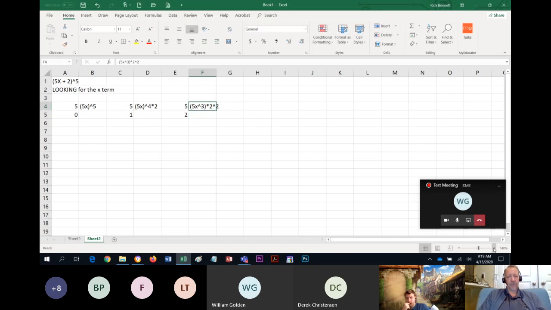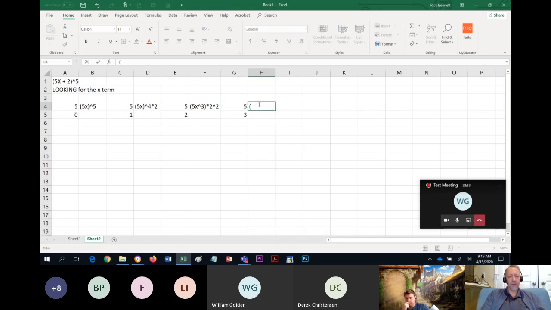Yeah, that's right. And then we're going to go 5, 3. I should make that bigger so I can see it. 5, 3, we're looking at 5x squared times 2 cubed.